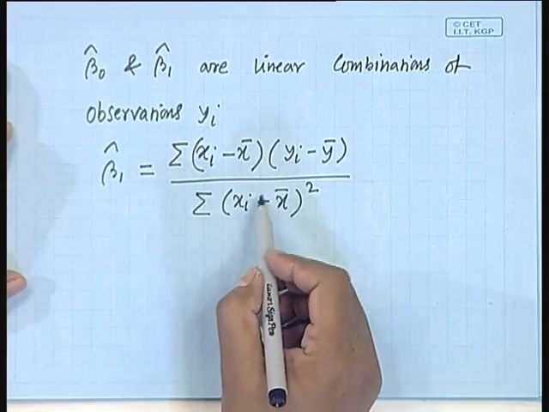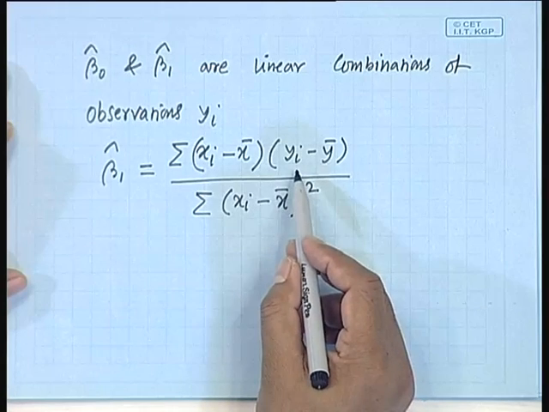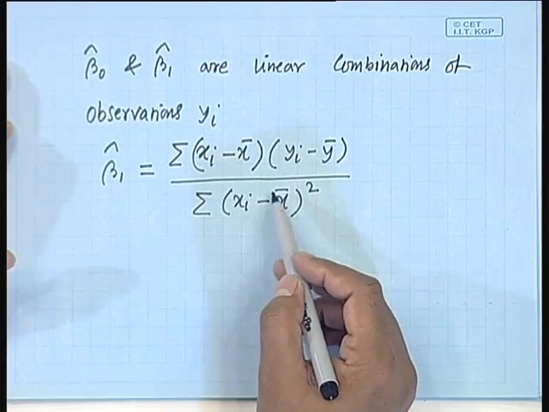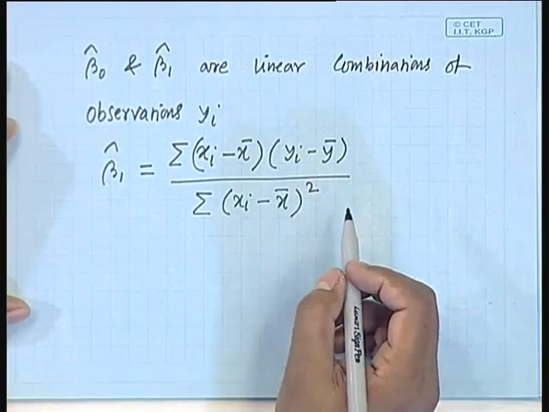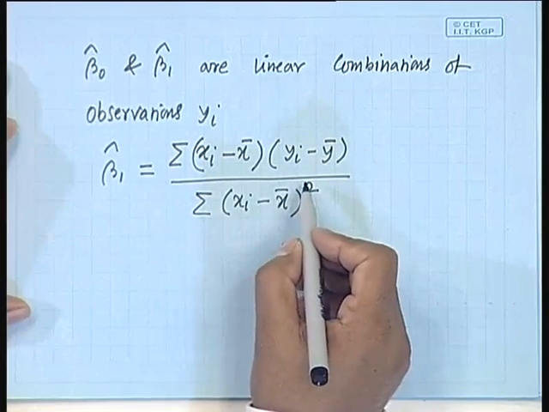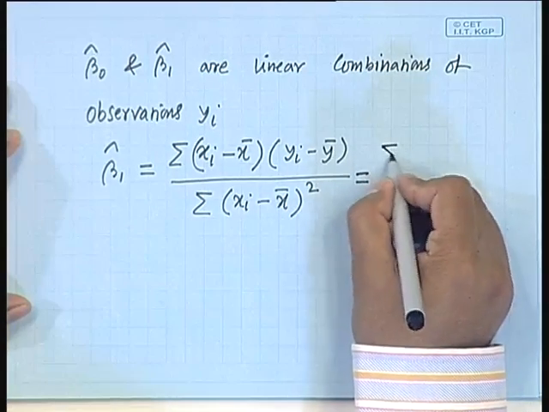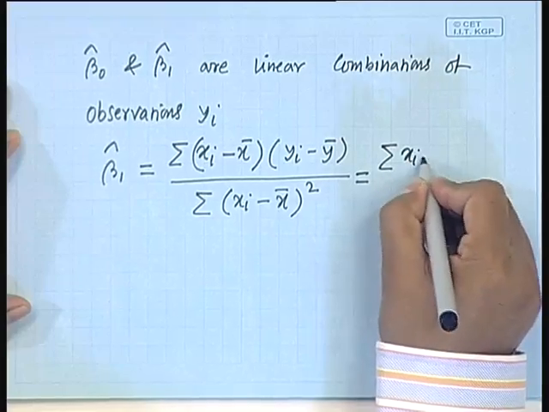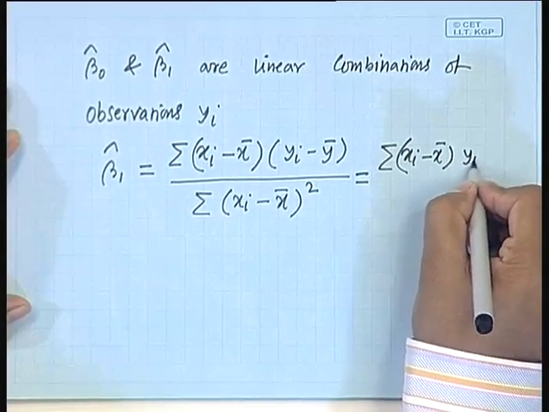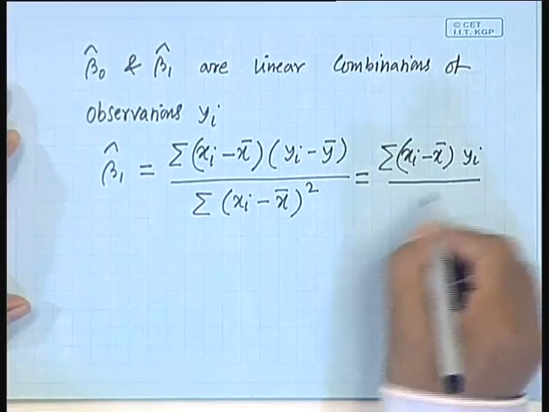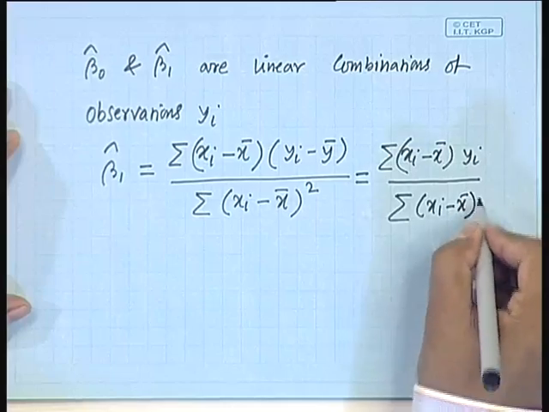Now, I said that this is a linear combination of the response variables y i's, or the observations y i's. So, this can be written as summation x I minus x bar into y I only by summation x I minus x bar whole square.